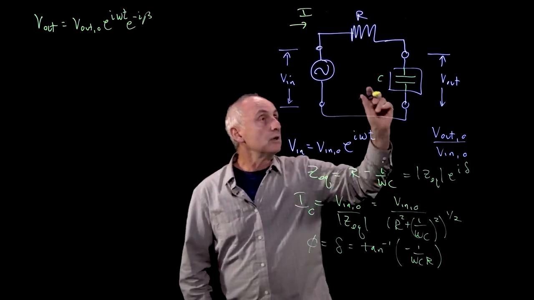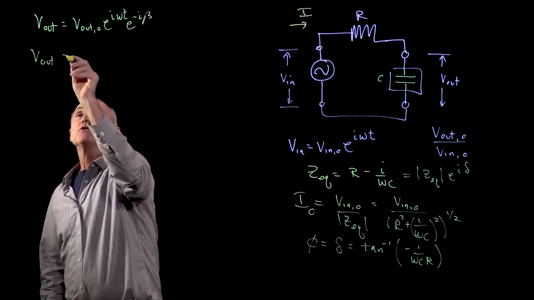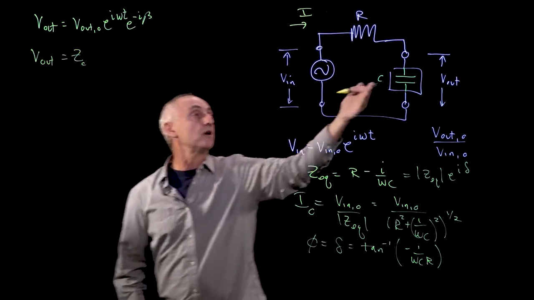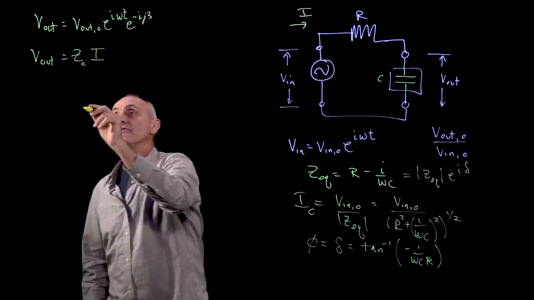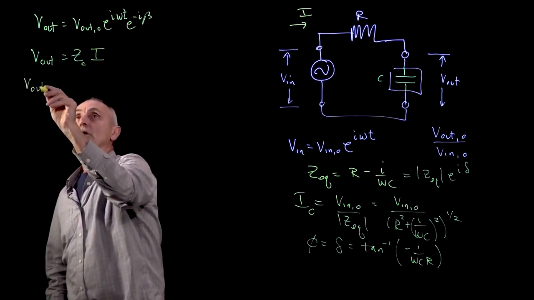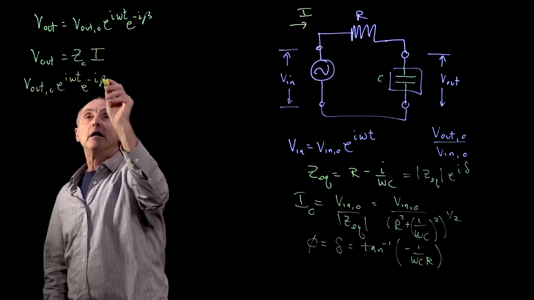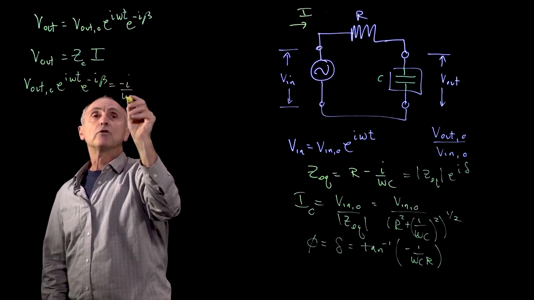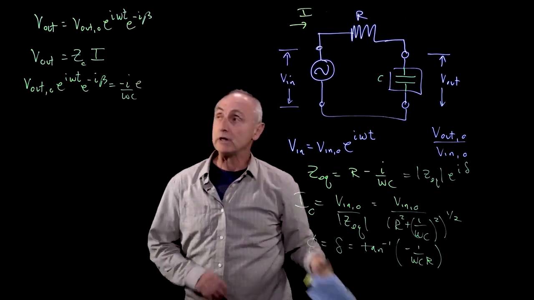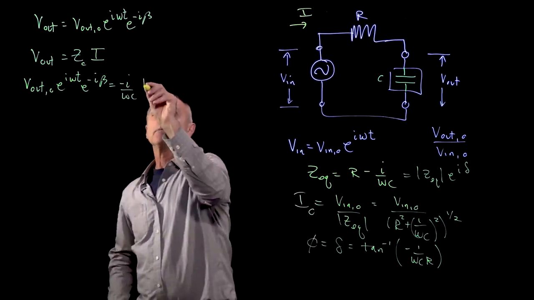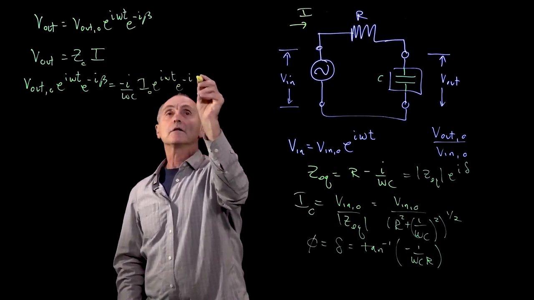Now, because the current is running through this, V out is equal to the impedance of this element, the capacitance, times the current. If we wrote all this out, we would get V out naught e to the i omega t e to the minus i beta is equal to minus i over omega C times the amplitude of the current, I naught e to the i omega t e to the minus i phi.